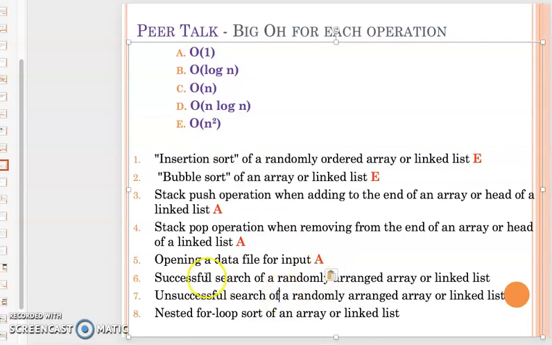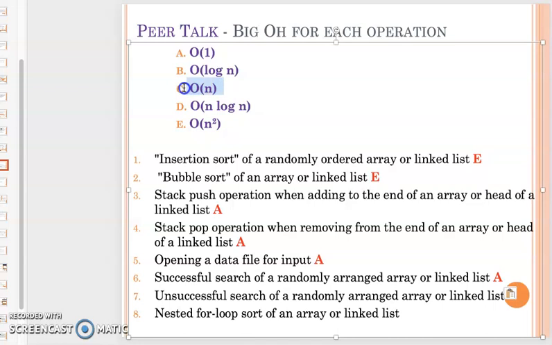Okay, successfully searching for a random number in a randomly arranged array. When we say randomly arranged array, that means it is not sorted; the values have different order. Whether you successfully find the value or not, you still need a for loop for that.